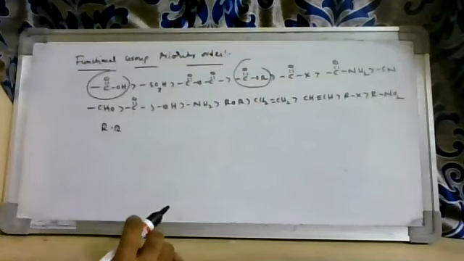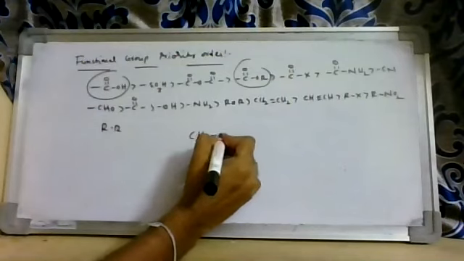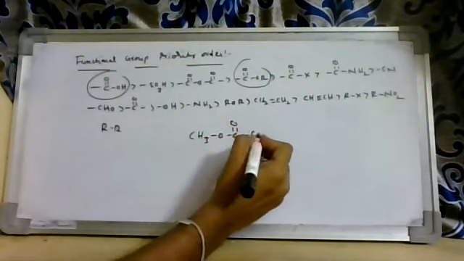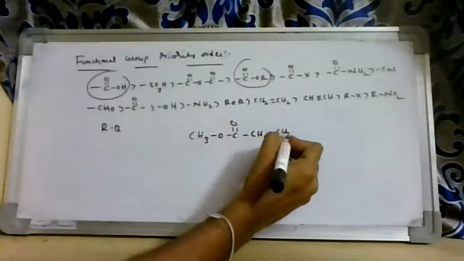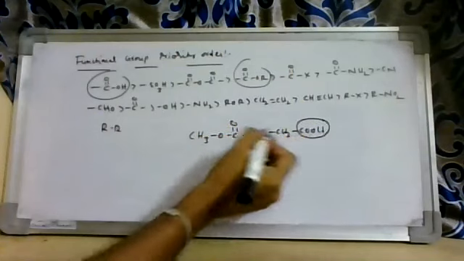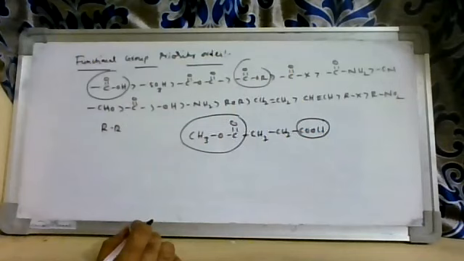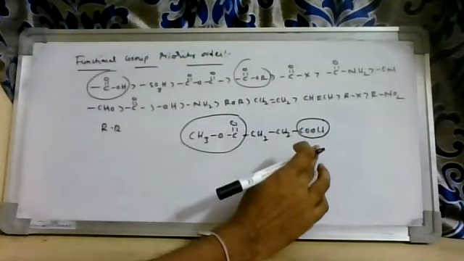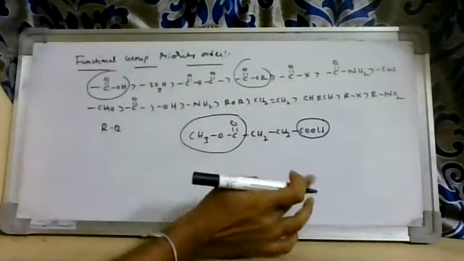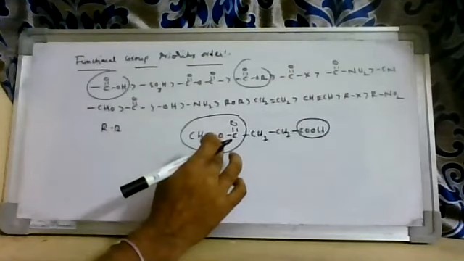Suppose acid and ester are present, then ester is called as prefix. Suppose I take one example, CH3 O C double bond O CH2 CH2 COOH. In this, two functional groups are present. One is acid, another one is ester. But here acid is the main functional group, highest priority. According to functional group priority, acid is the main functional group, then ester is prefix.